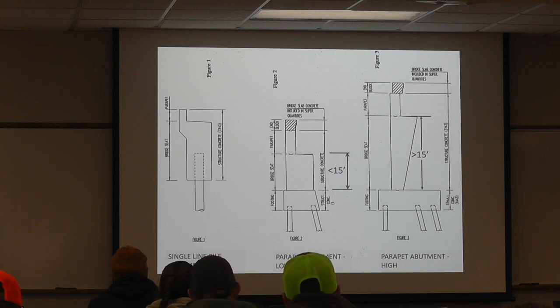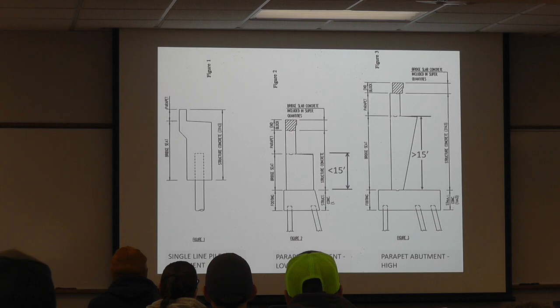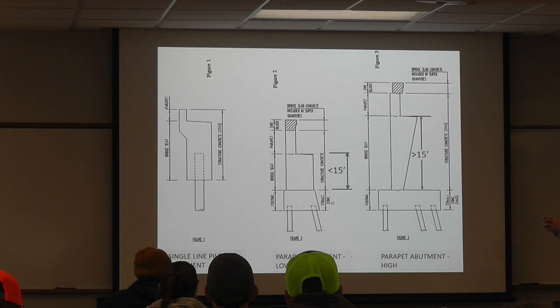Looks like the end blocks are in different locations, the low versus the high. Yeah, and I would almost say that that is not correct. I've never really seen that, and here's the reason. The approach panel sits on this little ledge that's right there. On this one, there's no ledge.